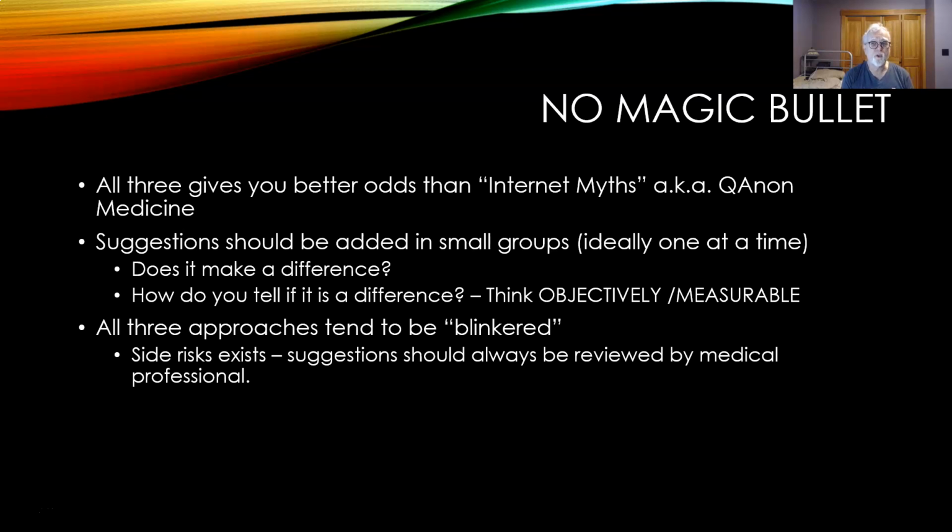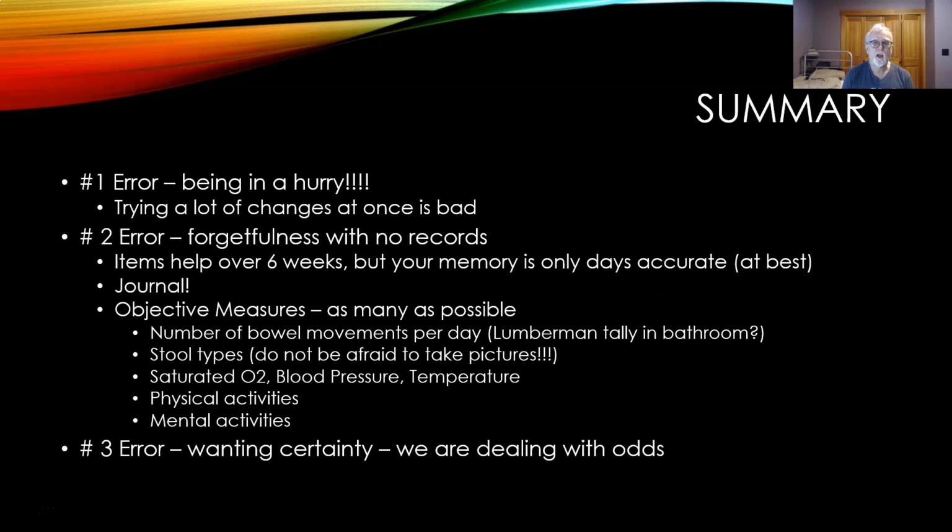It can be helpful for somebody who has been exposed and who has microbiome issues to look up what the shifts are. And I basically have had a practice of hands-off, not trying to filter and select. That's for your medical professional to do. So side effects may exist. Suggestions should always be reviewed by a knowledgeable medical professional. I have no idea where you find one, but that's what they should do.